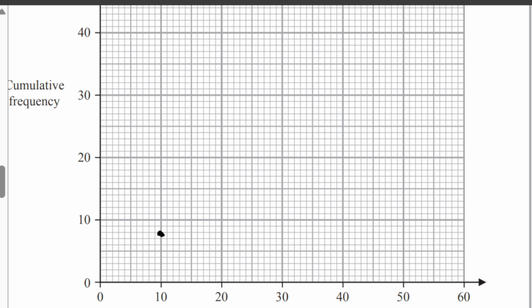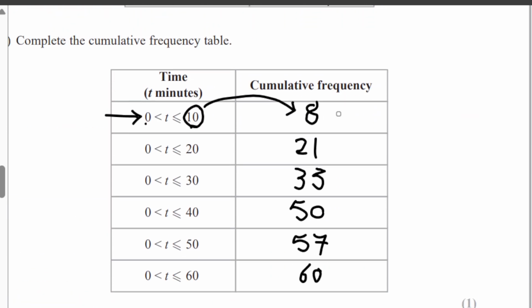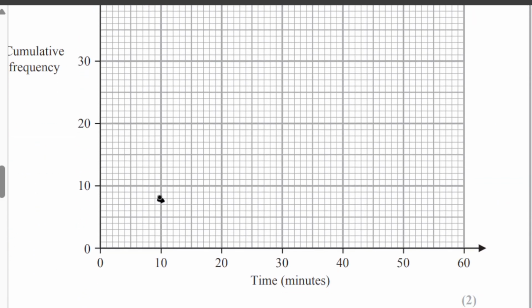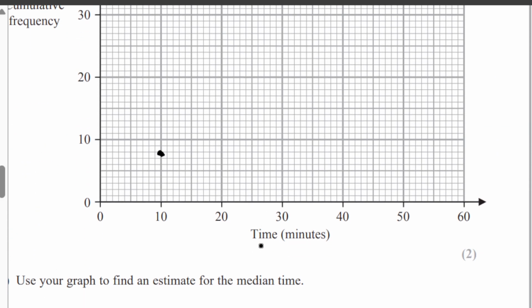And the second point is 20 and 21. So let's do that. 20 is here, and 21 is just one step above the 20. So this is 20 and 21.